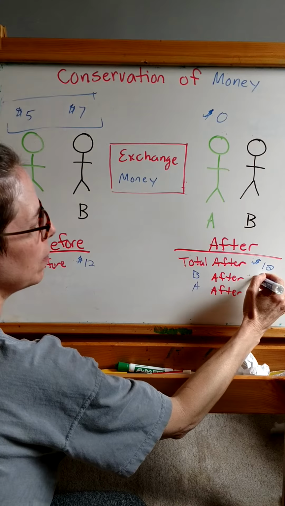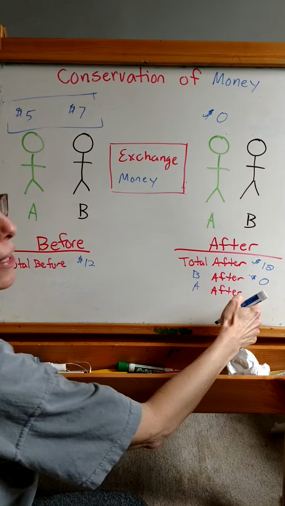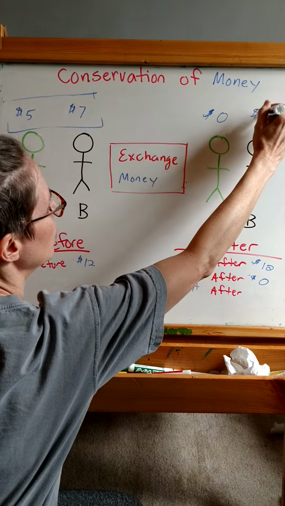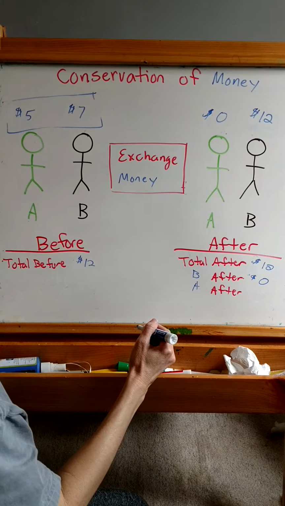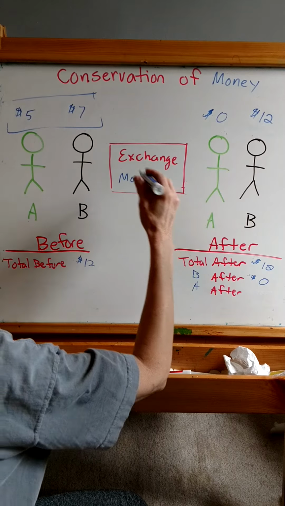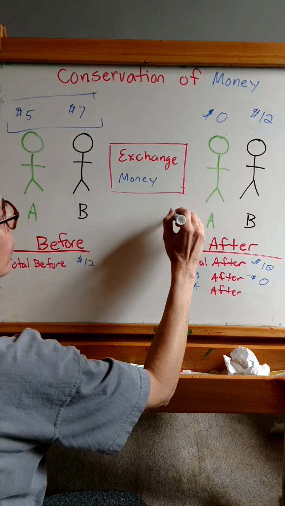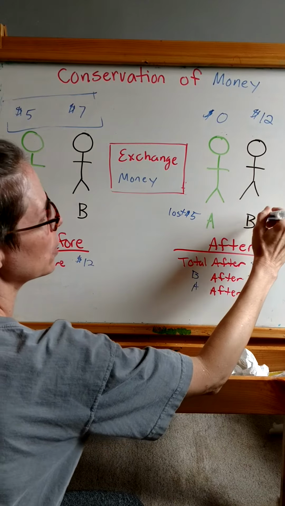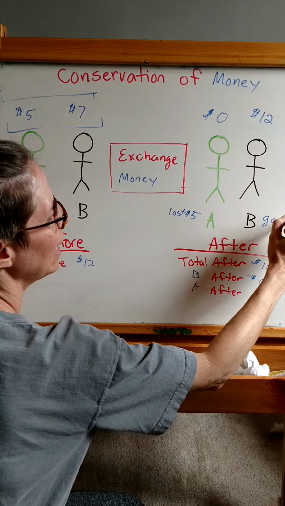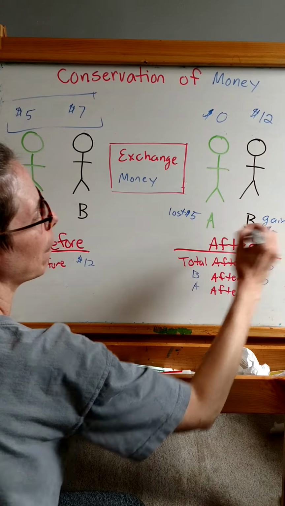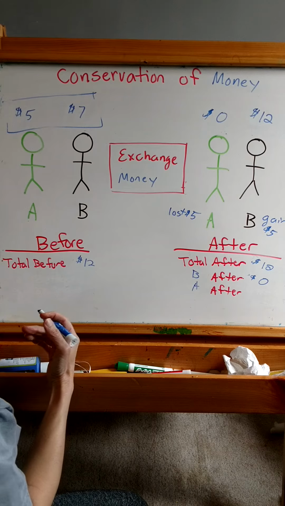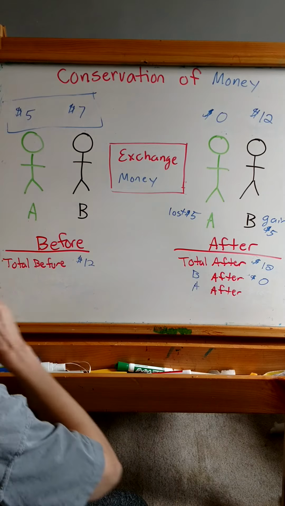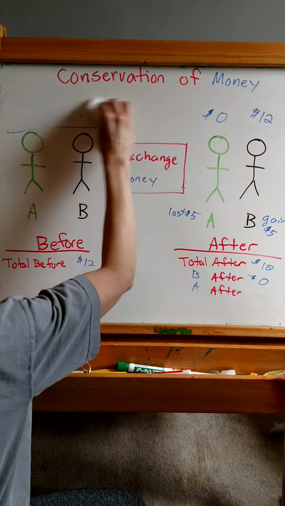Okay, so if person B has 0, how much does person A have? Well, person A has to have all of the $12. All right, person B lost $7. That means that person A had to gain exactly the same amount. They gained $7.